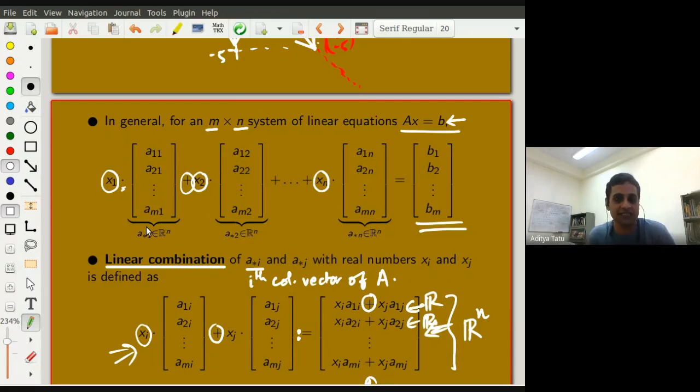You form the set that contains all possible linear combinations of columns of A and see whether B belongs to that set or not. If it does, whether you can compute the solution or not, the solution will exist. If B is not in that set, surely you cannot do anything to find the solution because the solution does not exist.